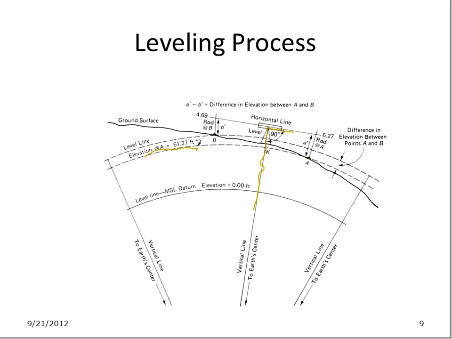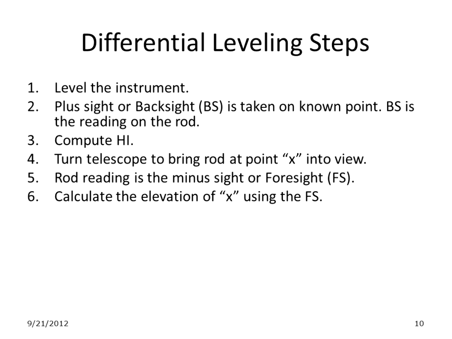And then if we were to subtract the rod reading over here, we would then have our elevation here at point B. And this is what we will be doing in lab a week from today.